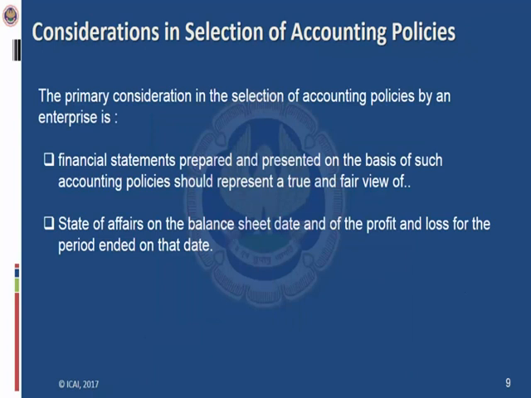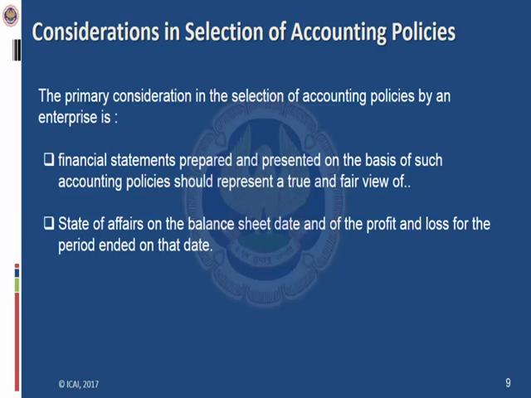The basic idea of accounting standards, regulators, the Institute of Chartered Accountants of India, or the basic ethics of doing business is that the financial statement of the entity should reflect a true and fair picture.